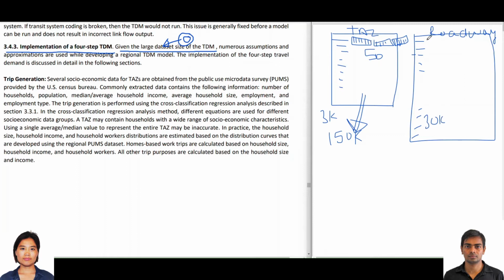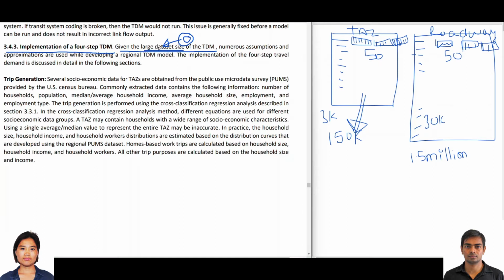And similar to TAZs, they have a lot of attributes for each year, usually greater than 50, but for simplicity, let's say there are 50 different attributes combining existing, interim and future years. So we are looking at 1.5 million data points to fill up as input. So that's why it's called a large data set.